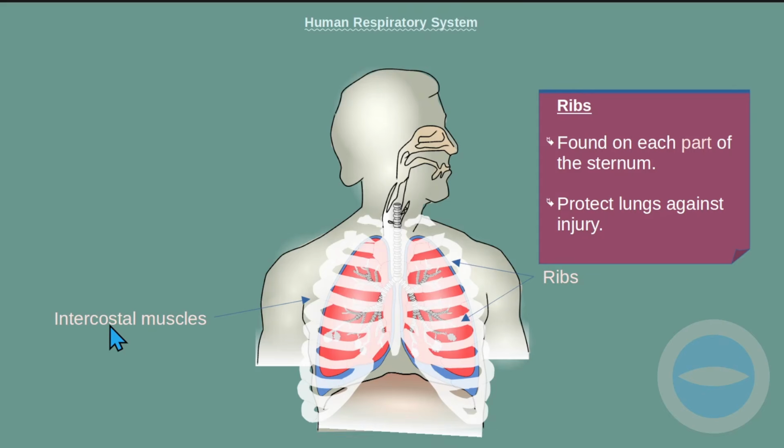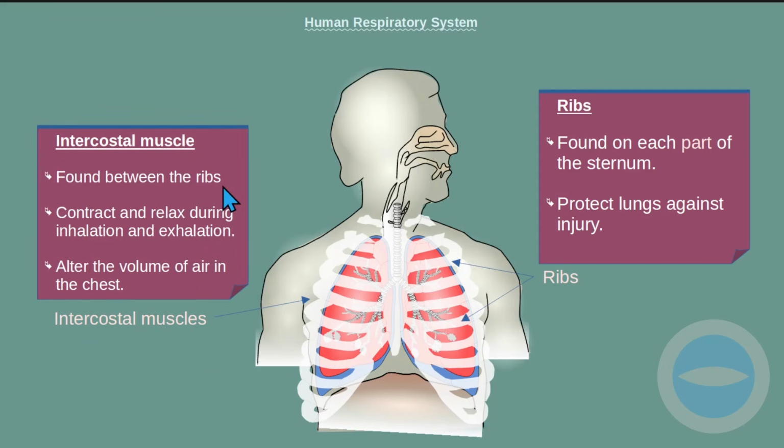And then we have another part that we call the intercostal muscle. So the intercostal muscle is found between the ribs. Between the ribs, there are muscles, and they contract and relax during exhalation and inhalation. So these muscles are the chest muscles.